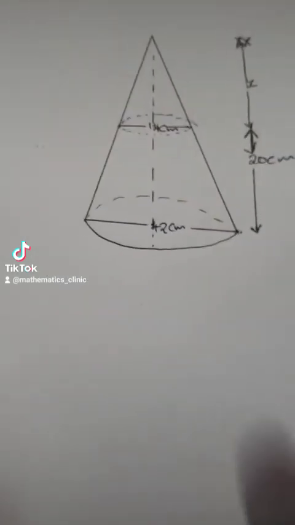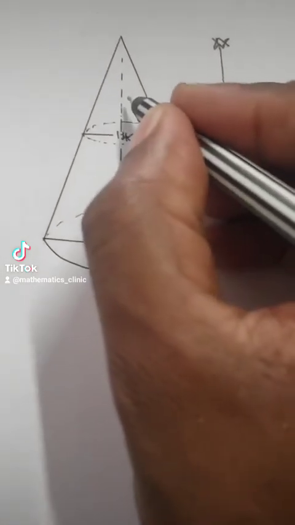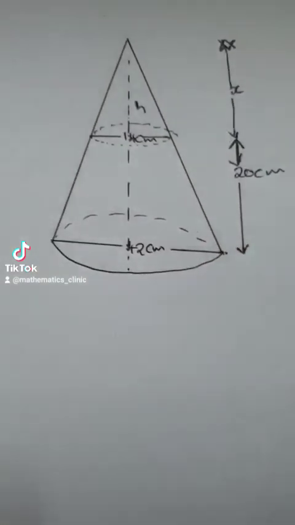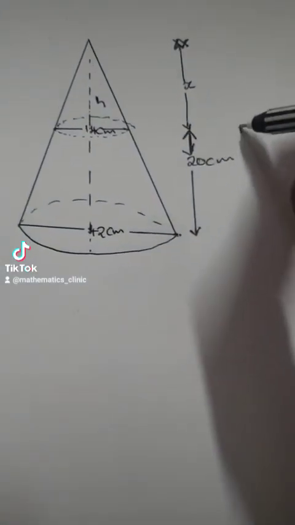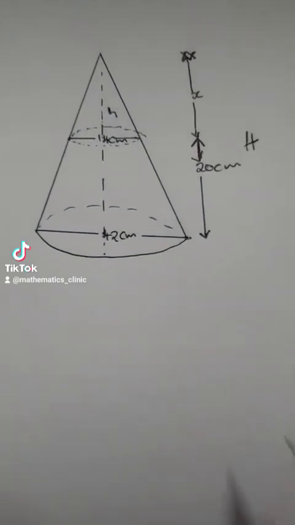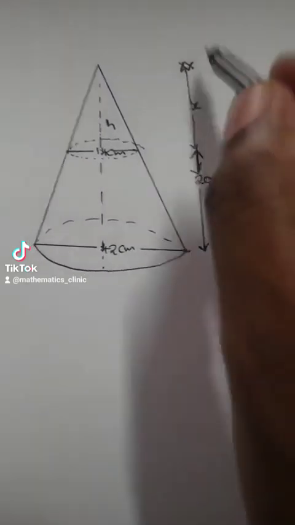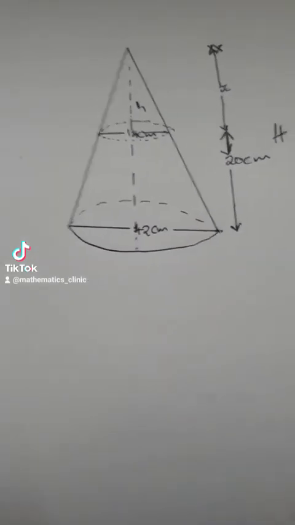So we need to find this smaller height, so that now we know the bigger height, the height from the base all the way to the apex. Why?